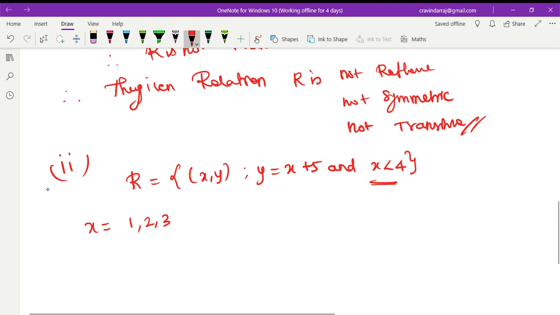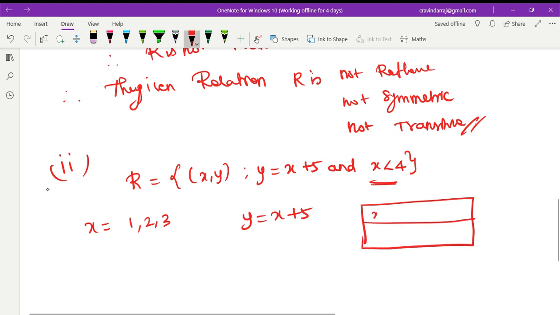So they have given y equal to x plus 5. Now we apply the values. x equal to 1 gives y equal to 6. Again x equal to 2 gives y equal to 7. And x equal to 3 gives y equal to 8.